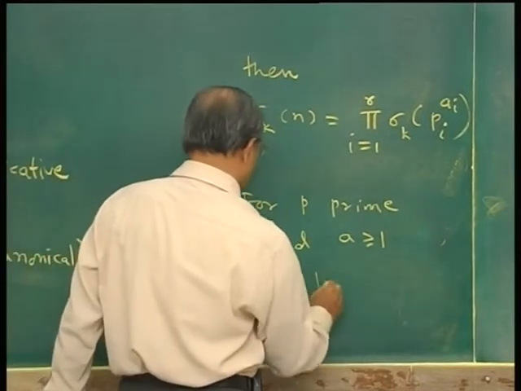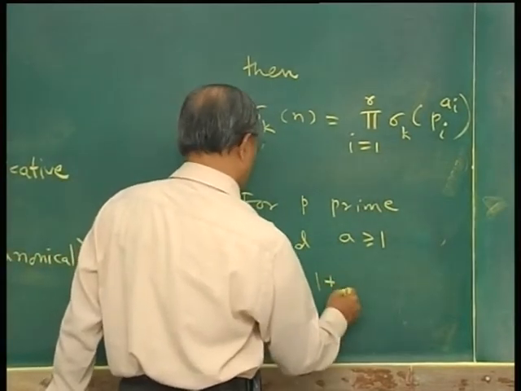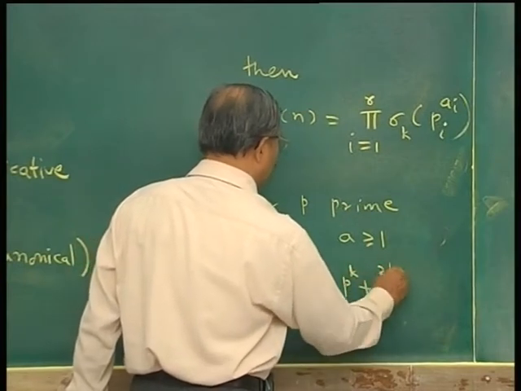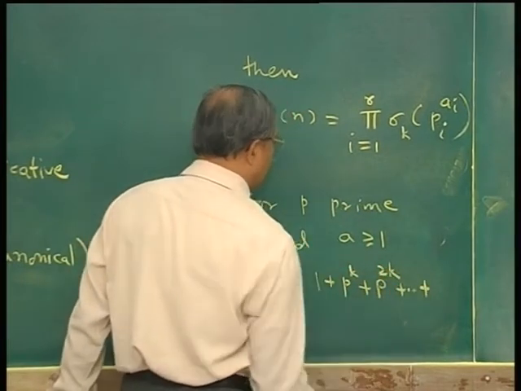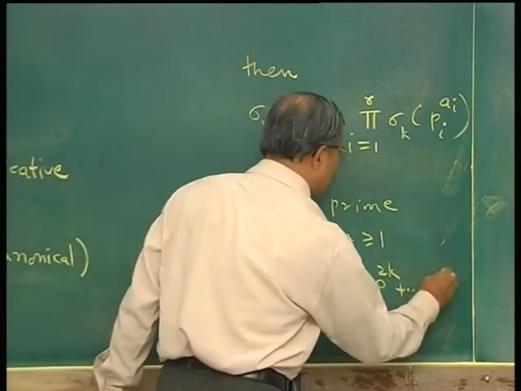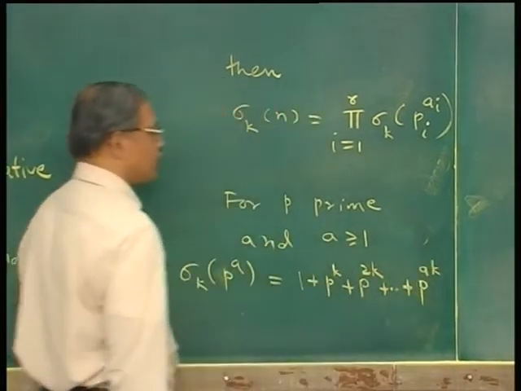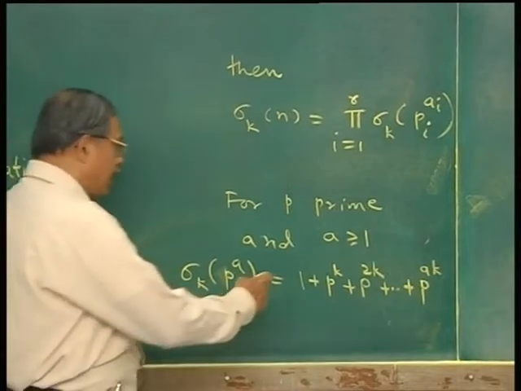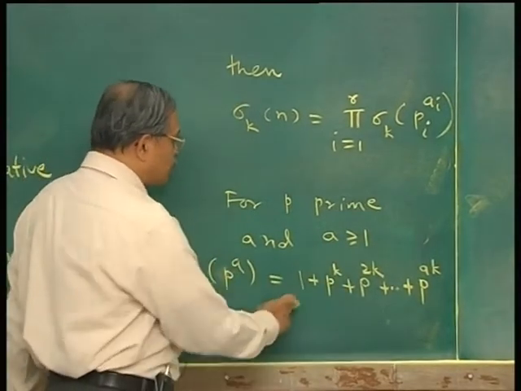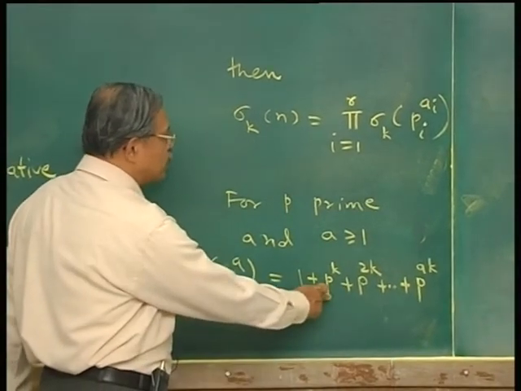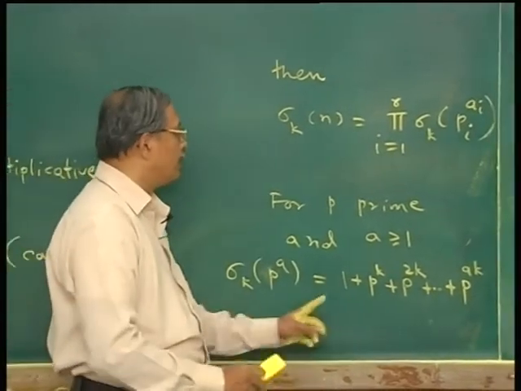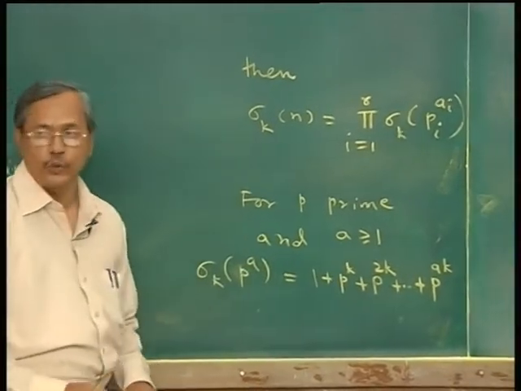So these are 1 plus p raised to k plus p raised to 2k plus etc. plus p raised to a times k. And this is again a geometric series whose first term is 1 and common ratio is p raised to k. And the number of terms is a plus 1.